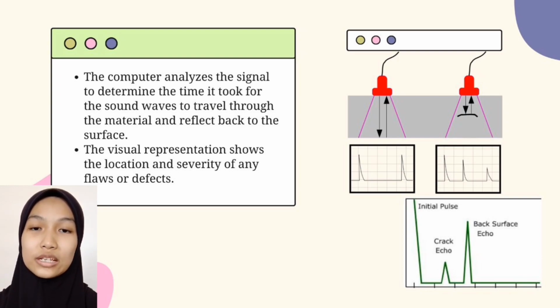This information is used to create a visual representation of the material's internal structure. The visual representation, called a waveform or a scan, shows the location and severity of any flaw or defect in the material.